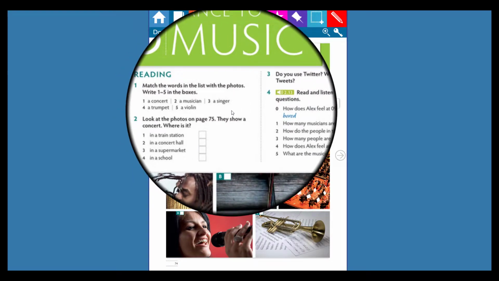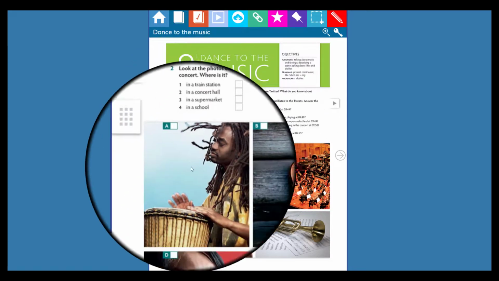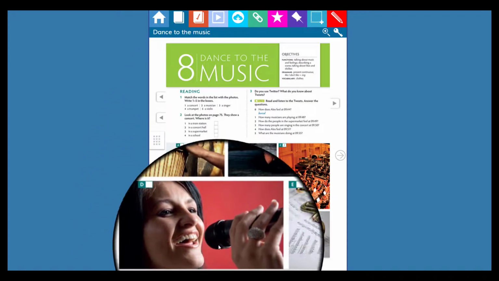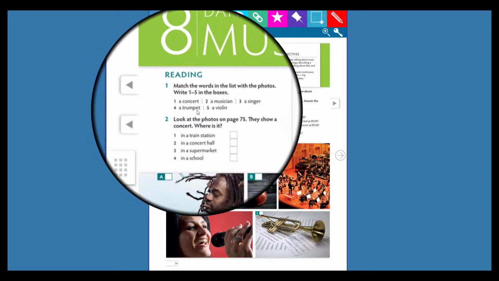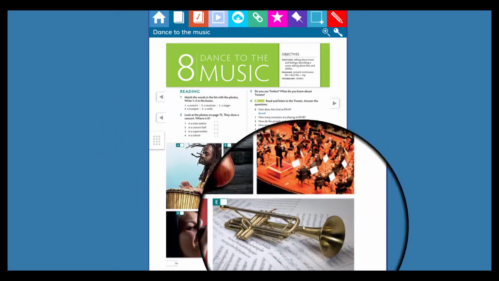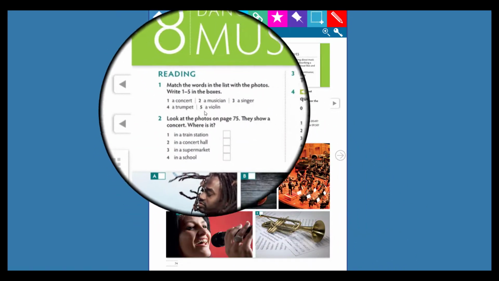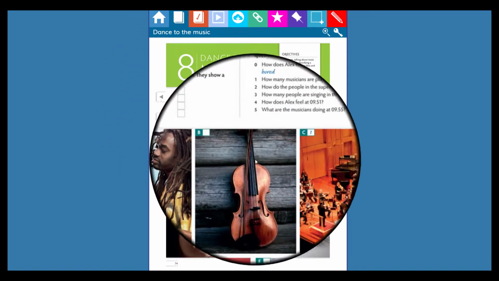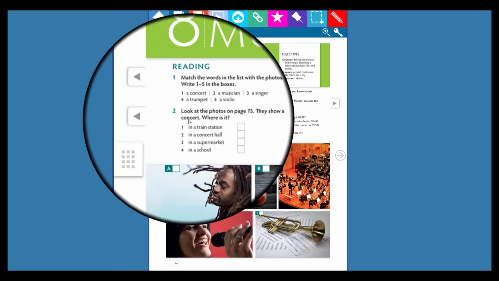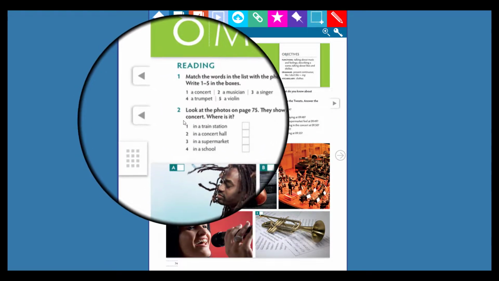What do you think? Letter D, very good, she is a singer. Number 4, a trumpet. What do you think? Letter E, excellent. And number 5, the last one, a violin. Letter B, very good. Okay, let's continue with activity number 2.